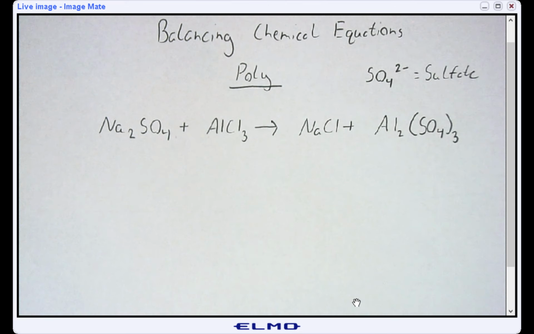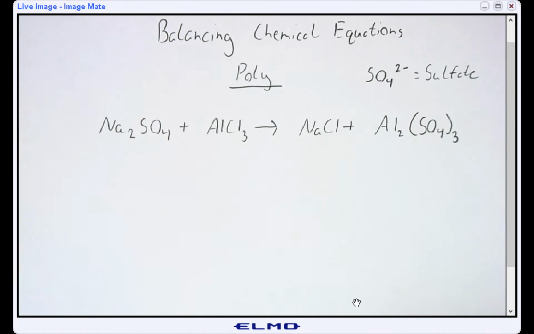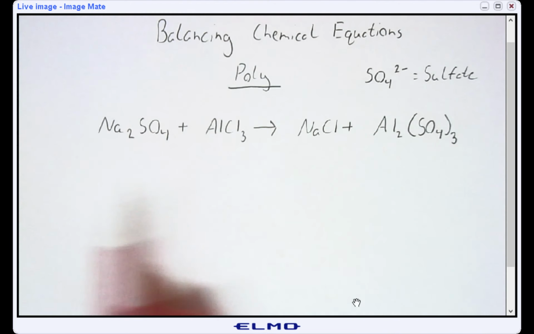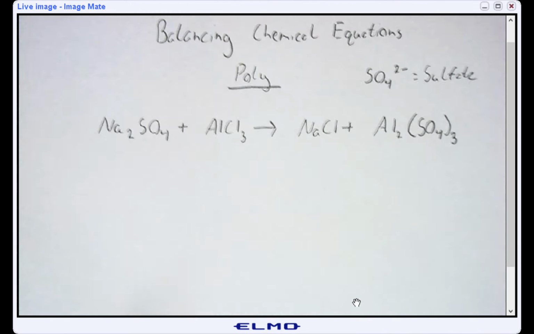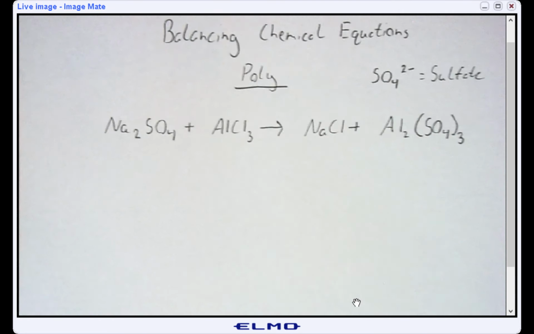When we look at this, we want to do the same counting method we did on the last video, where we write the number of atoms down below. However, there's a trick, and that's what makes it different from the traditional. If you have a polyatomic ion on the reactant side, or the left side of the yield, and the same polyatomic ion on the right, we want to keep them together.